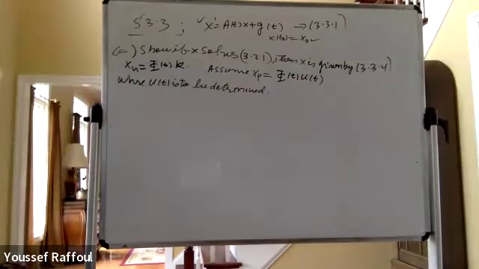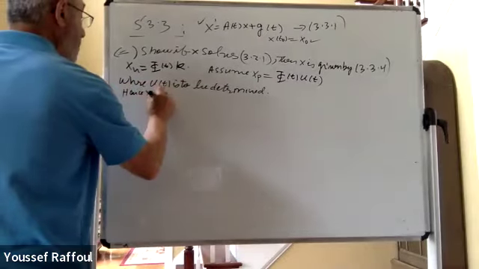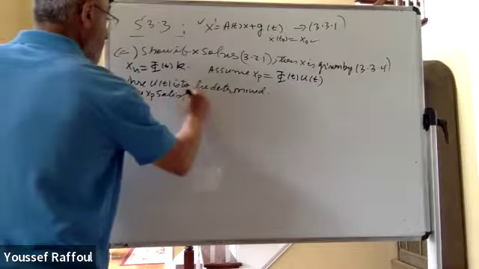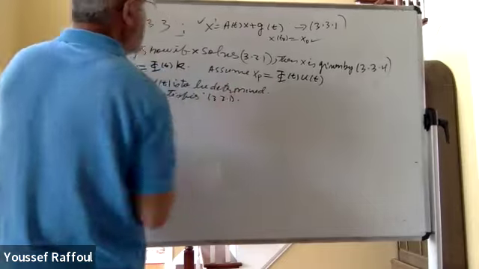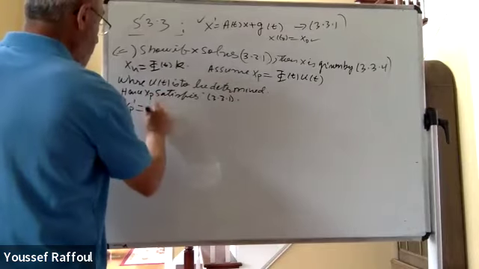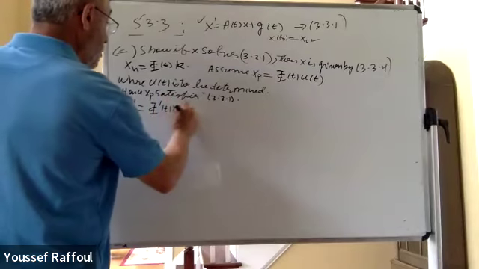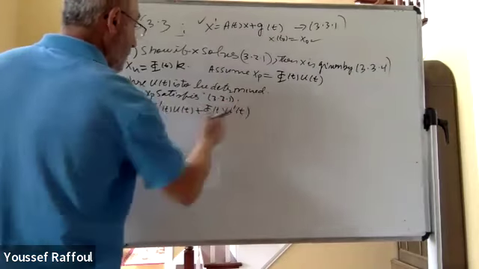Hence, x_p satisfies 3.31. Then what is x_p prime? x_p prime is phi prime of t u(t) plus phi(t) u prime of t.